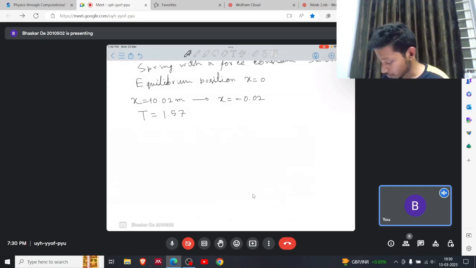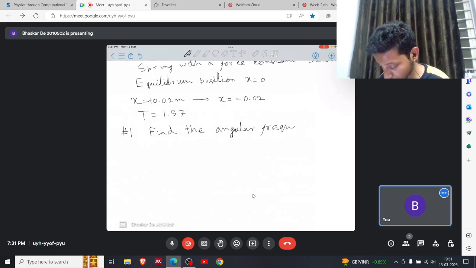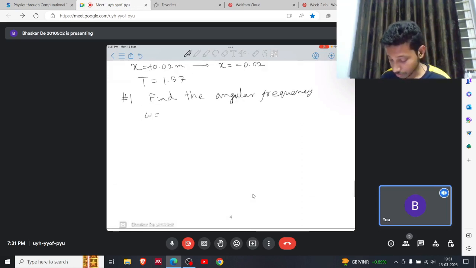Okay, so now we first find the angular frequency omega. Before finding omega, we need to know if there is a phase shift in the motion.